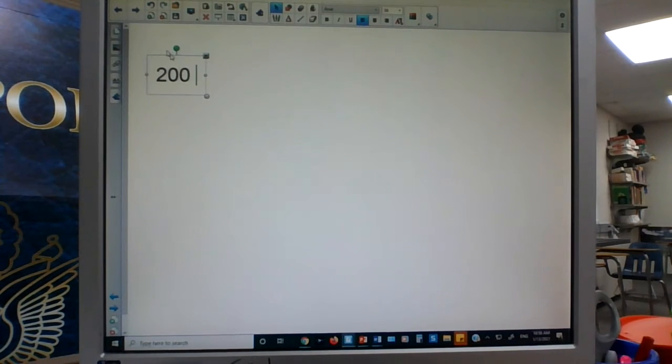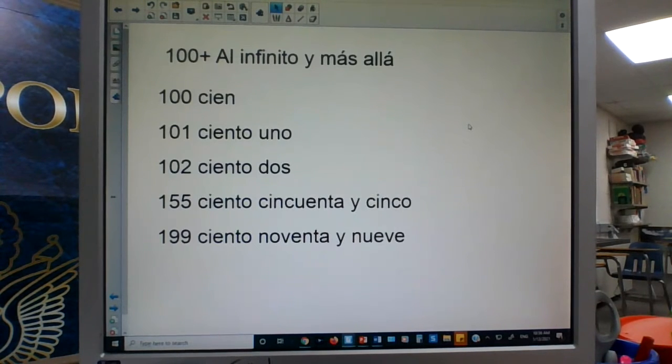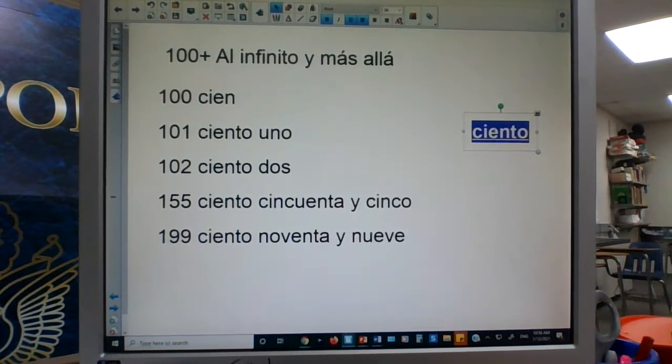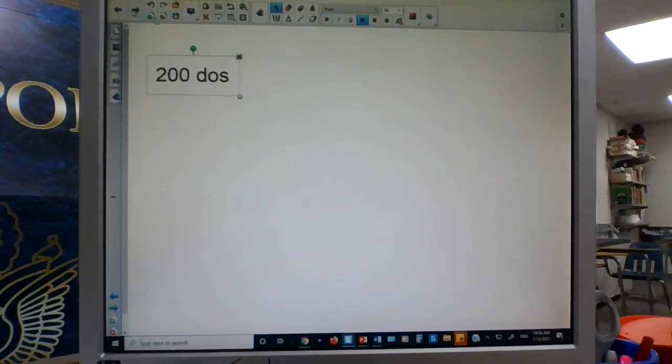So 200 is as follows. All right, how do you say two in Spanish? We say dos. And then I say, okay, now it's ciento over here. So I'm gonna label this as ciento over here. We're gonna put some labels, bold, underline, ciento. Now, on this side, it's gonna be cientos.